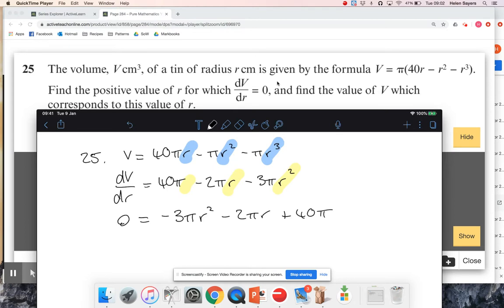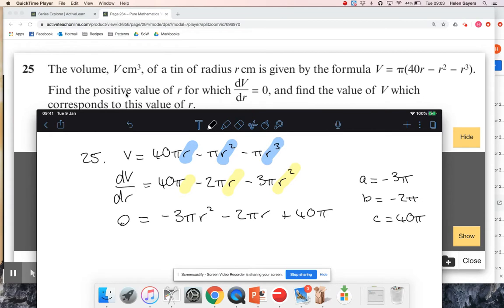Because we've got the minus there, you might want to multiply the whole thing through by -1. Basically, you are absolutely fine to put that into your calculator. Say A is -3 pi, B is -2 pi, and C is 40 pi. Your calculator should cope fine with that. We're expecting two solutions to that quadratic, and we just want the positive one.